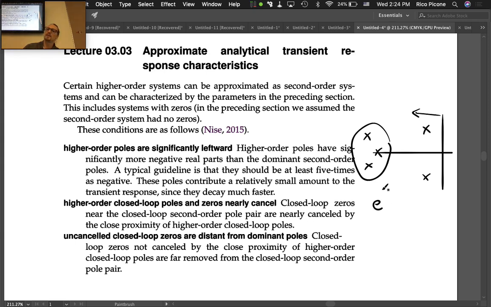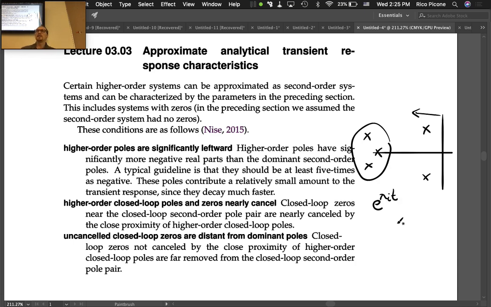Remember, these poles are going to govern the exponent in the homogeneous solution. These exponential decays, if it's stable, are going to decay with a rate associated with the real part of the poles. If that's a large magnitude negative number, then we have something like e to the negative 100t.